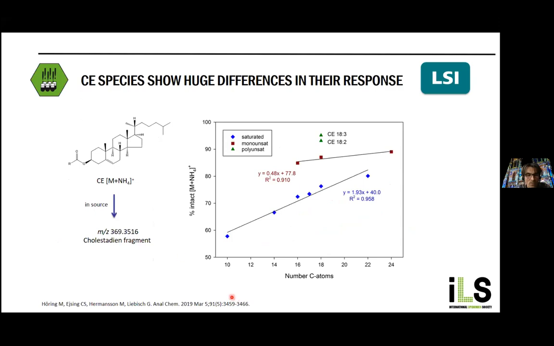And what is the reason? One reason is that these cholesterol esters generate in source the cholestadiene, so they lose the acyl moiety.